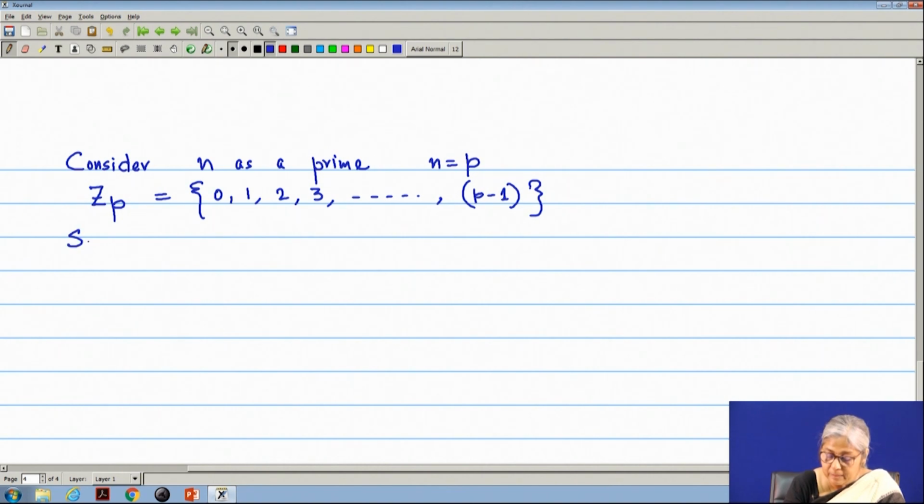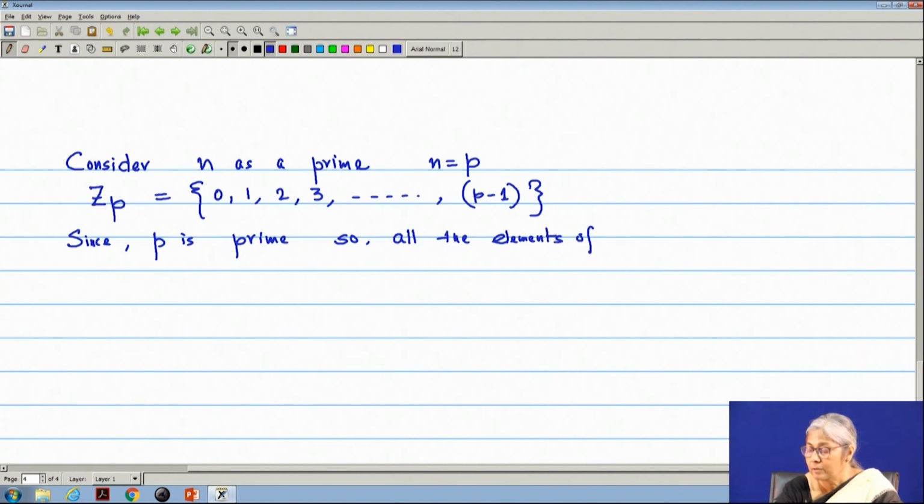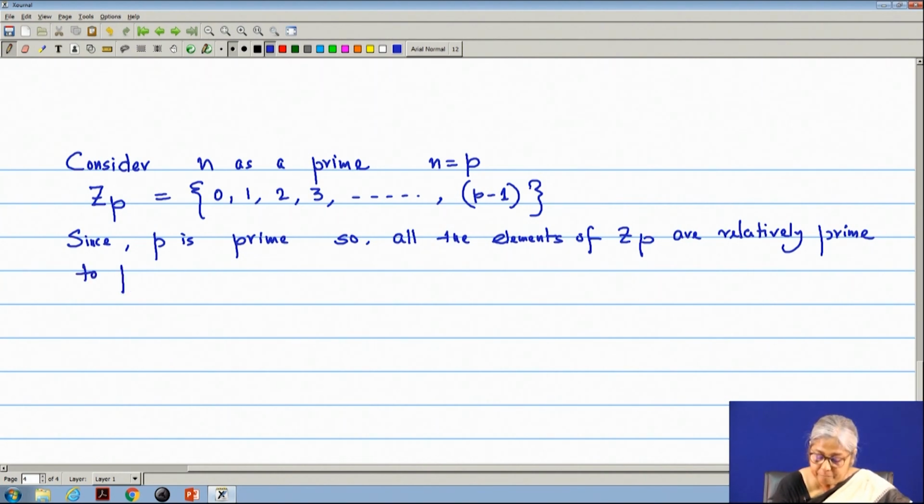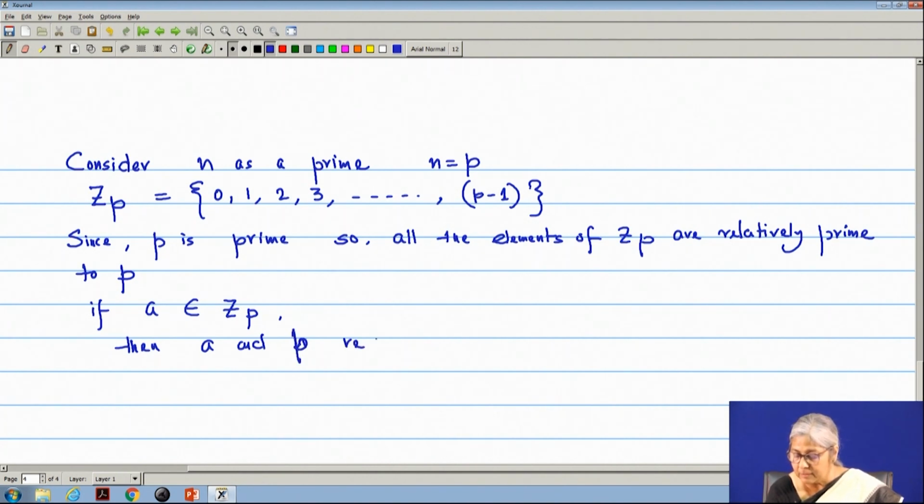Since p is prime, all the elements of Zp are relatively prime to p except 0, which we do not normally consider. So if A belongs to Zp other than 0, then A and p are relatively prime.